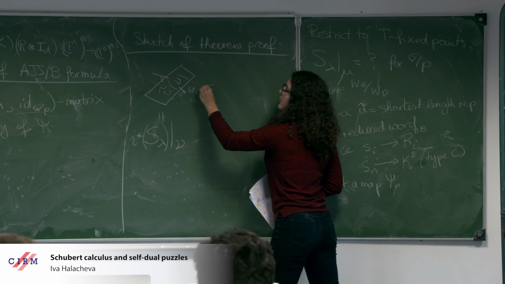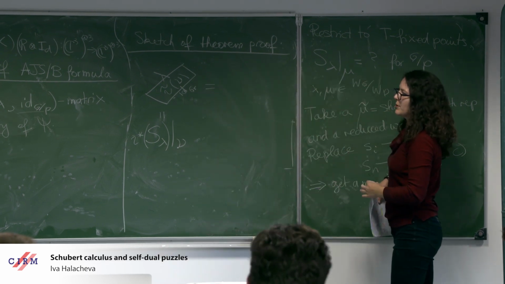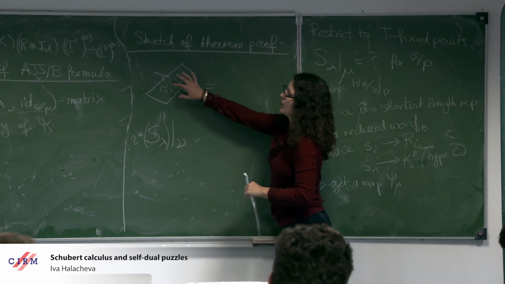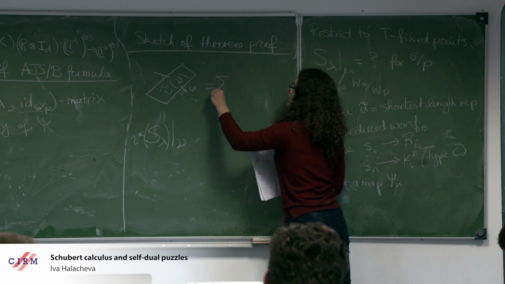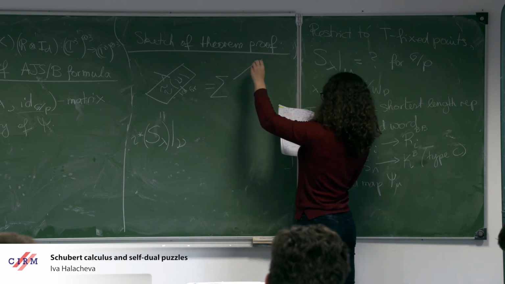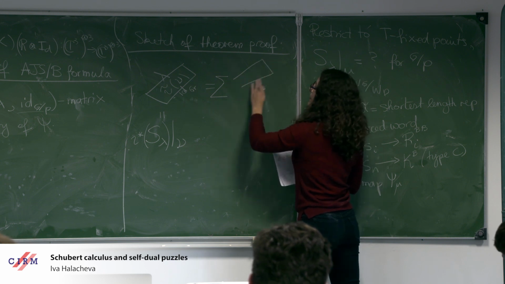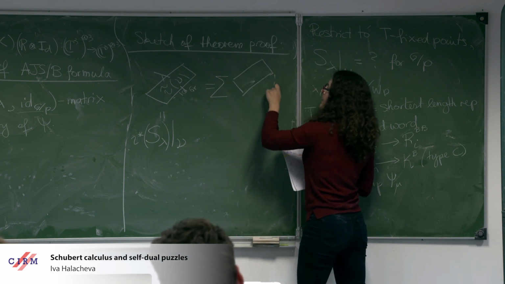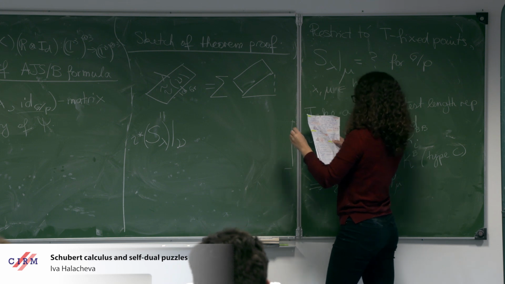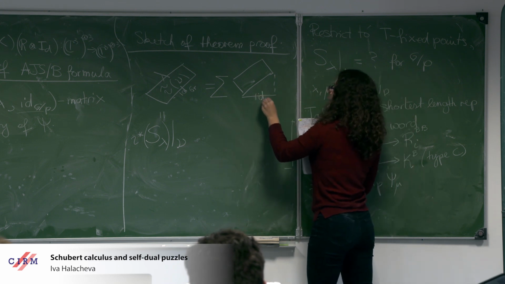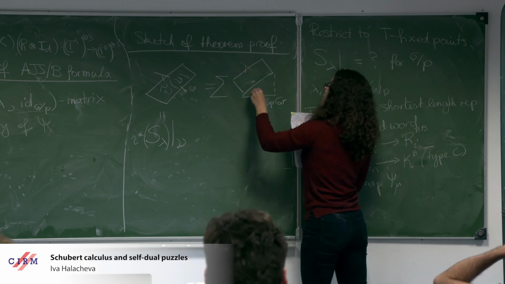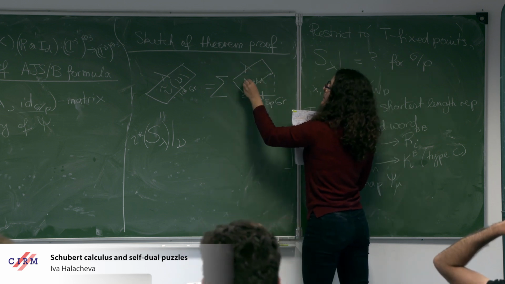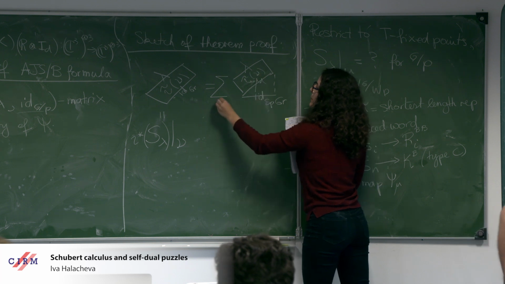So this is equal to, now using the properties of the R and K matrices, which are inside here, the sum of, so we still have a map here together with a half puzzle now. So here we have identity on the symplectic Grassmannian, lambda mu, and we still have iota tilde of nu.